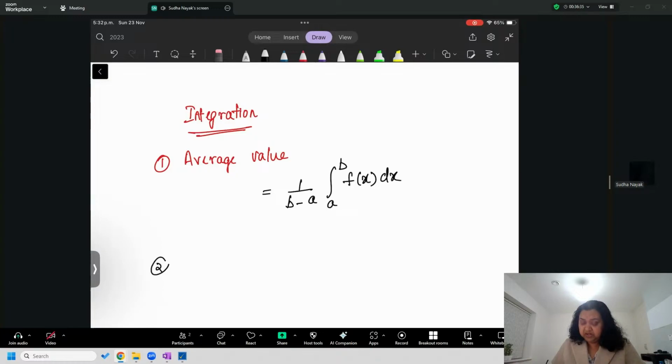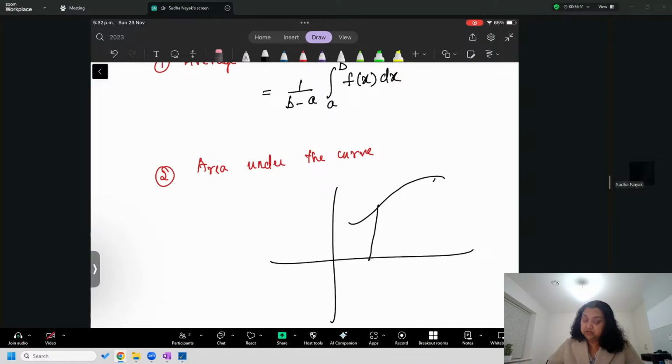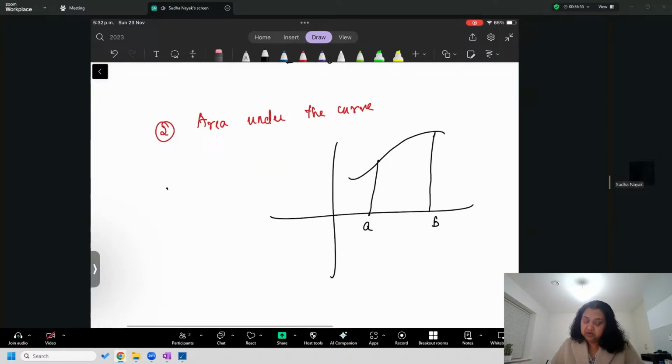And the second keyword to recognize that it is an integration is area under the curve. Okay, so area under the curve means if you have a curve like this, and if these are the two distances, so if this is a and this is b, area under the curve will be a to b f of x dx.